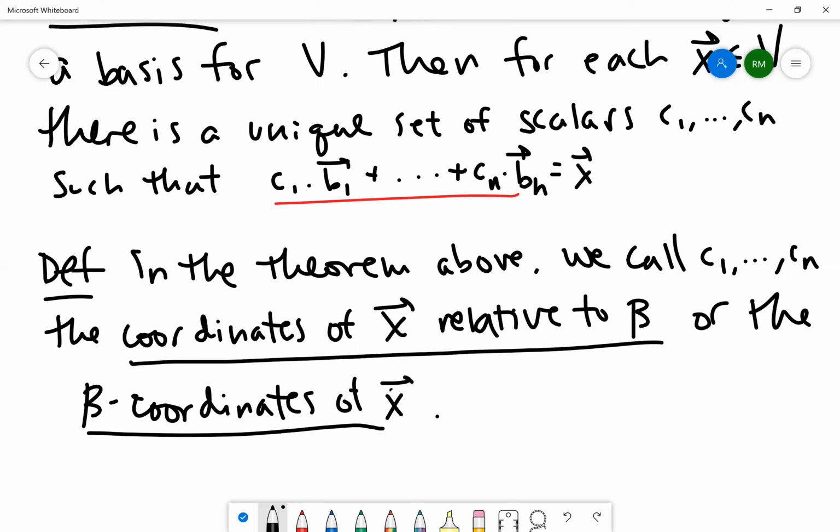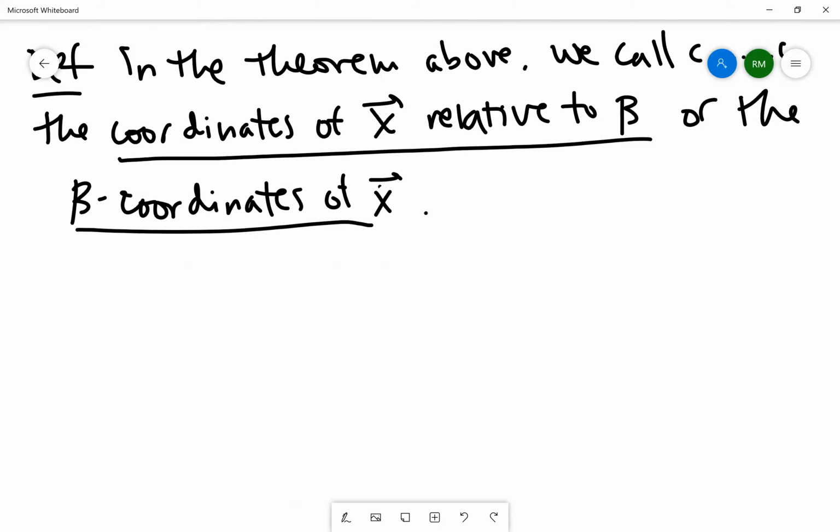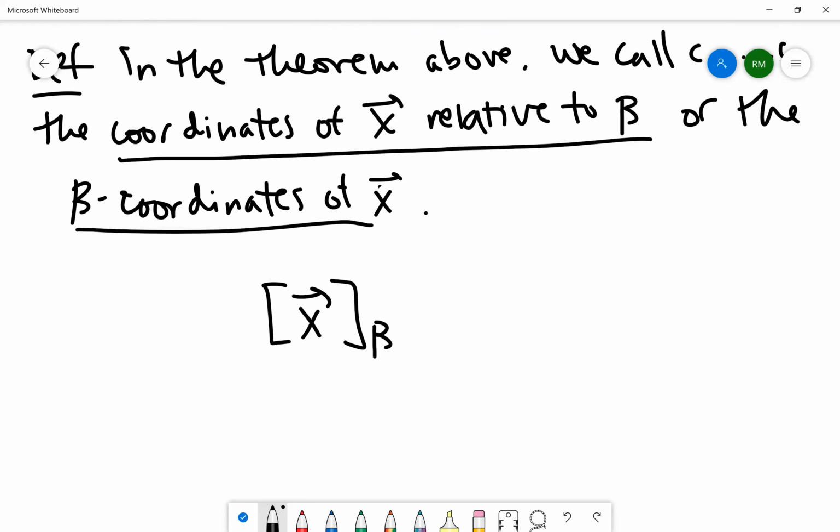And furthermore, we have a way of writing it in something that looks like a vector form. So if I want to write out what this looks like, I write it in this vector form.